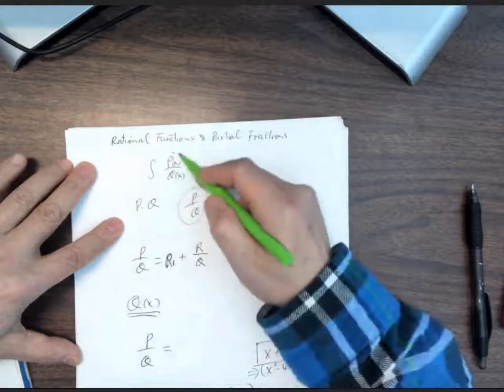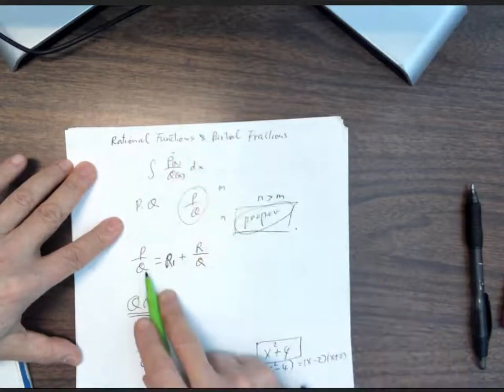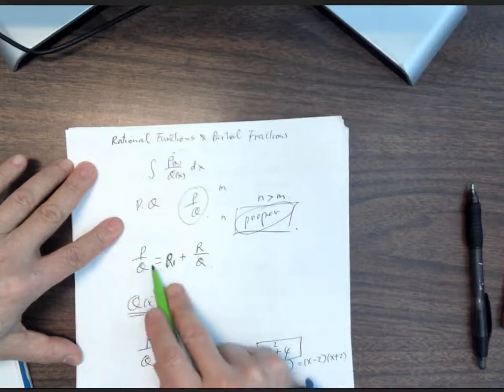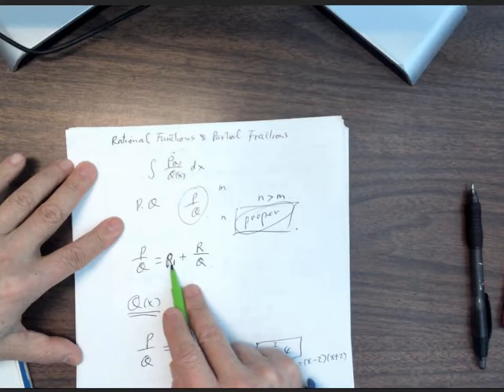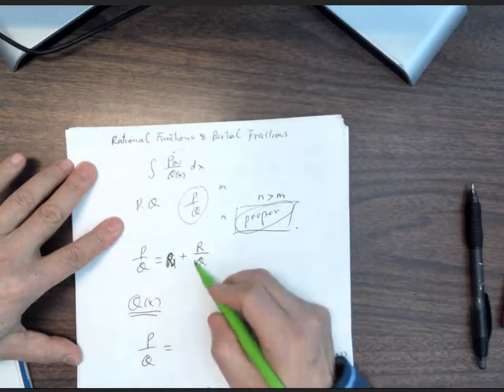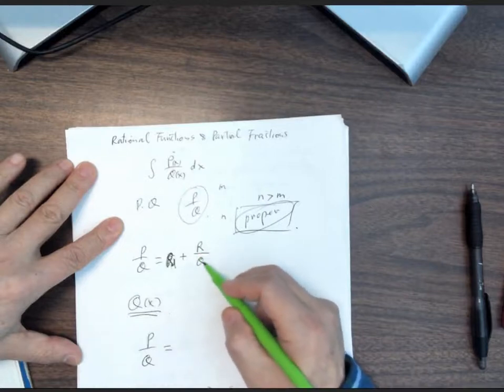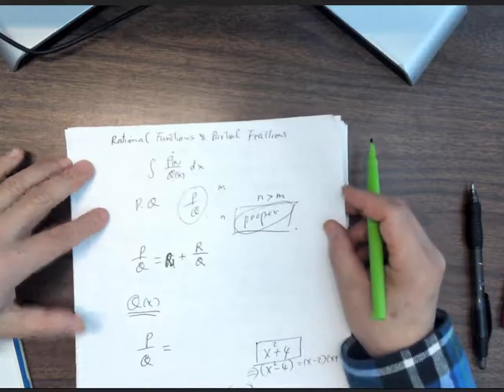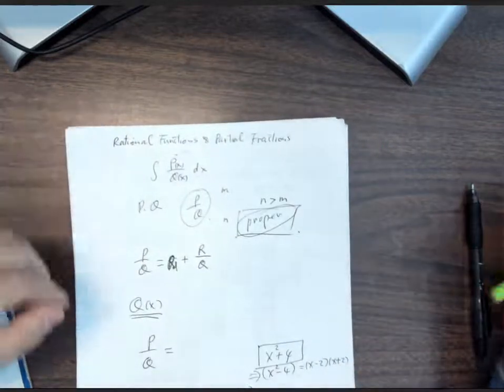If it's improper, we can always do long division to split the improper fraction into two parts. One is a polynomial, and polynomials are easy to integrate anyway. The second part is a proper fraction, and that's the kind of rational function we discuss in this video.